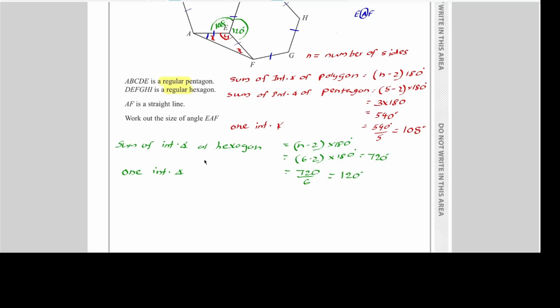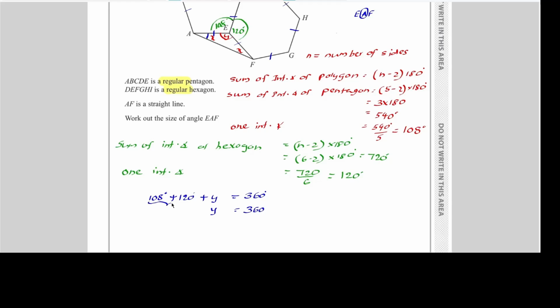Let's write it like that. 108 plus 120 plus y, they all add up to 360. What's the reason? Angles at a point. So let's add this. Then y becomes 360.